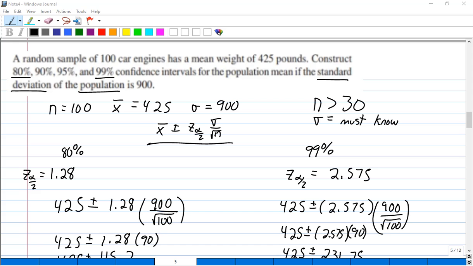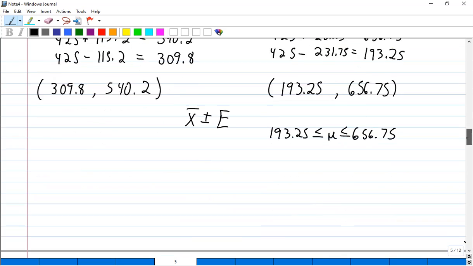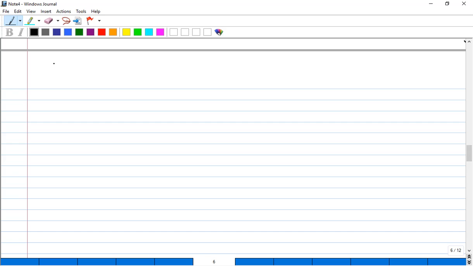So, if the standard deviation is unknown, that's the population standard deviation, or the sample drawn is not normally distributed.